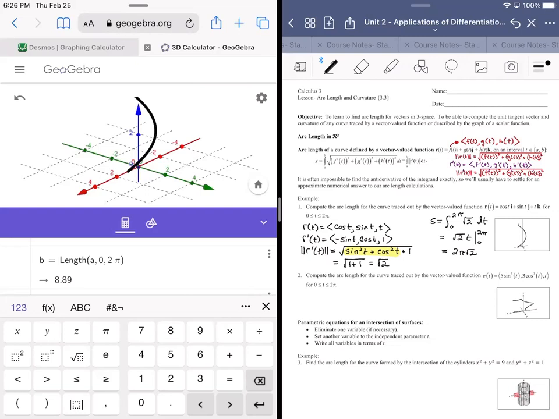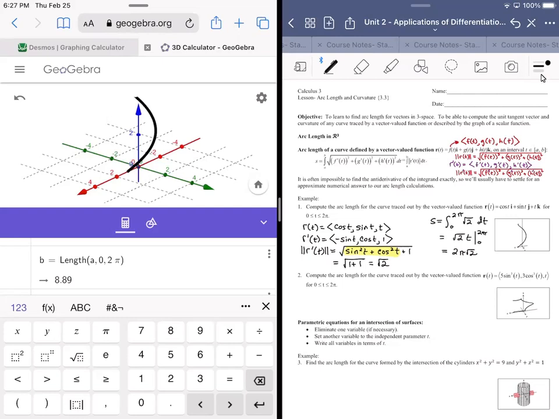It's really up to you, but just be strategic is really what I'm getting at here. If it's a multiple choice question and you don't have to show me any work, then by all means do it on the calculator, do it on Geogebra. That's fine.